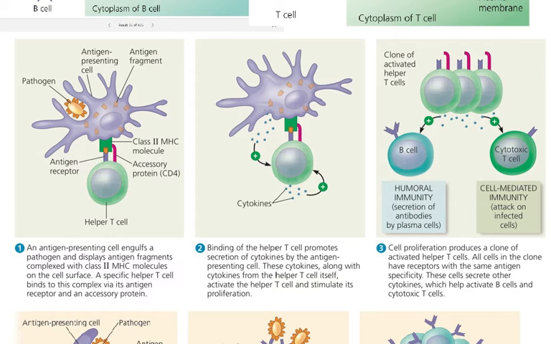So we've got the T cell receptor, we've got CD4, and those two things are binding to the MHC2 complex containing the antigen. And once that happens, it's going to send this whole signaling cascade through the helper T cell, and the helper T cell is going to say, I am now active, and the active helper T cell can go and activate other things. So it's going to activate the B cells, and it's going to activate the cytotoxic T cells.